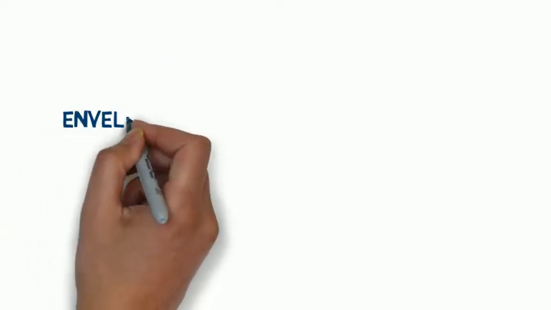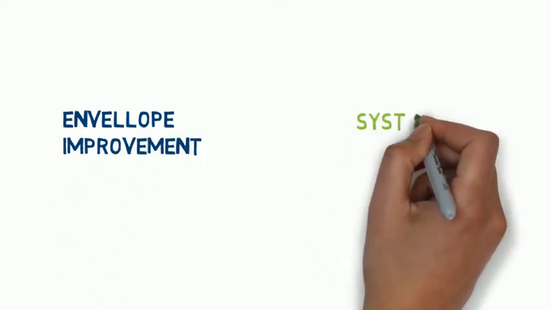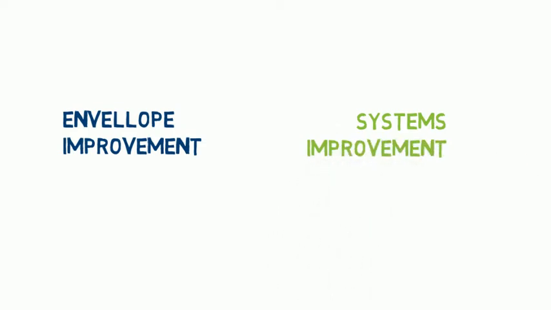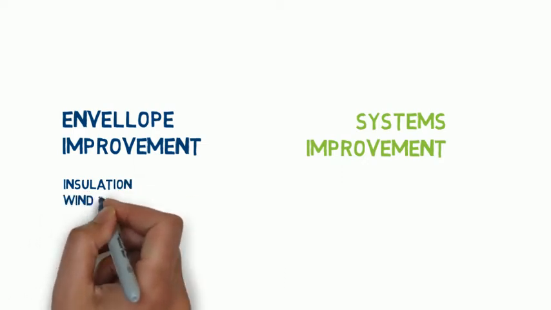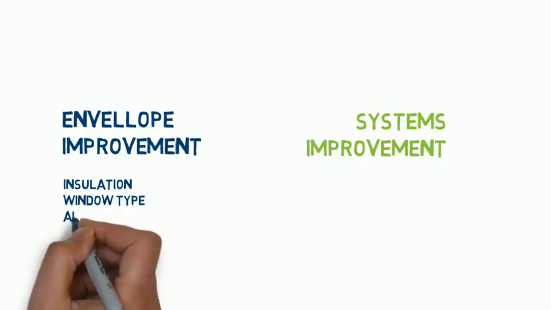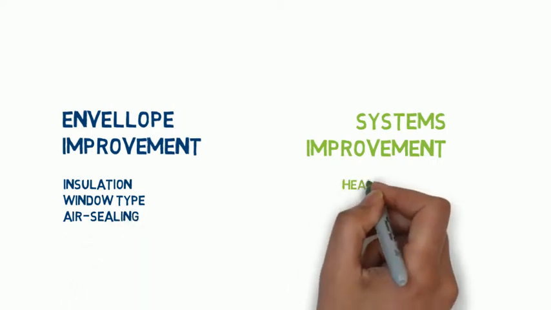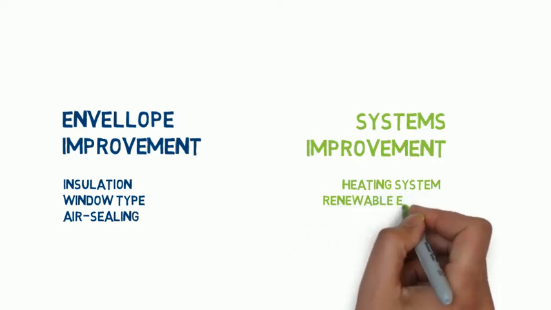If your system tells you that you don't comply, you have 2 alternative paths to exploring how to best achieve compliance, and we've called these envelope improvement or systems improvement. Envelope improvement focuses mainly on the levels of insulation, window type and air sealing, whereas systems improvement focuses mainly on the type and efficiency of heating system, as well as level of renewable energy generation.